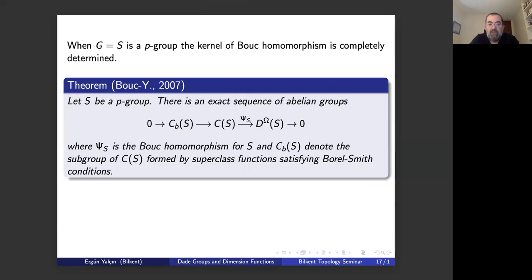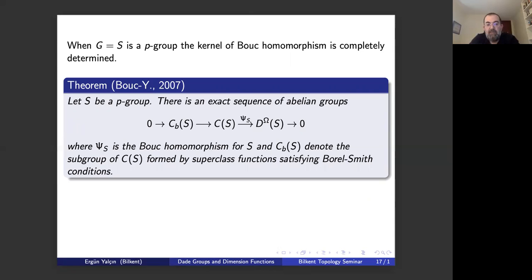So the kernel of the map from Borel-Smith functions to D omega is equal to dimension functions coming from real representations. This is the theorem for P-groups.